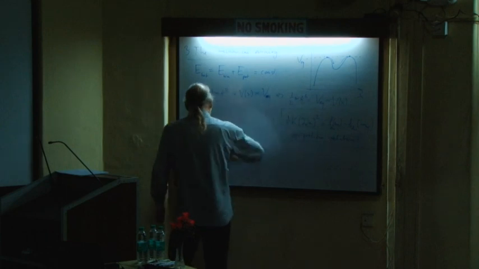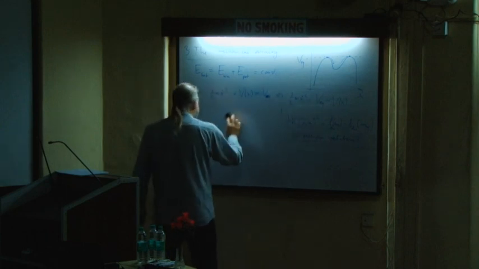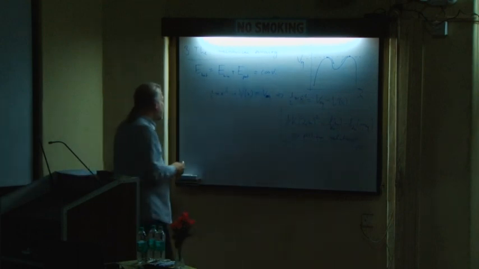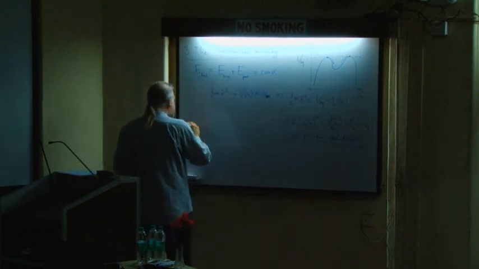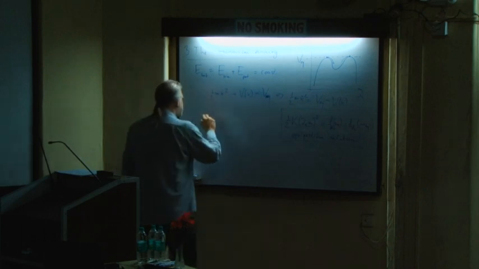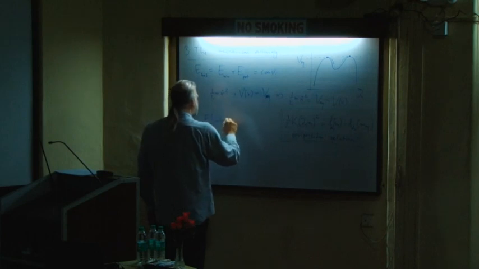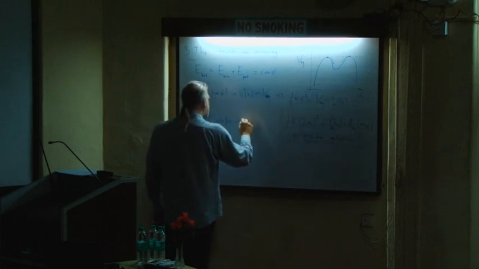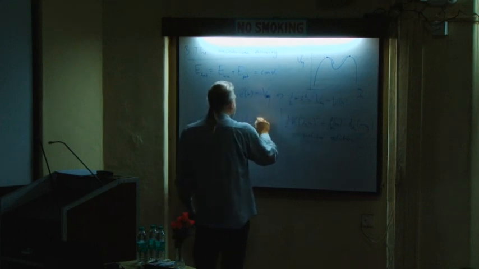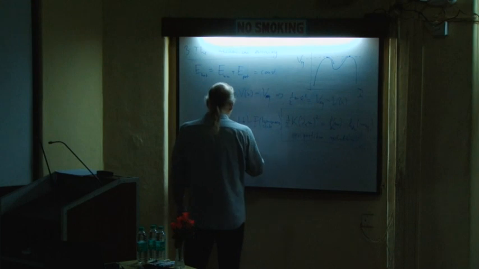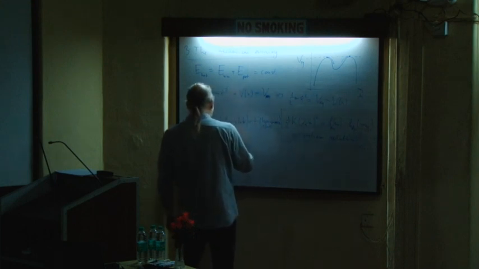Now let me give a precise definition of this surface free energy, which I will call gamma. So this is the free energy of an interface state minus the free energy of a homogeneous state divided by the surface area.